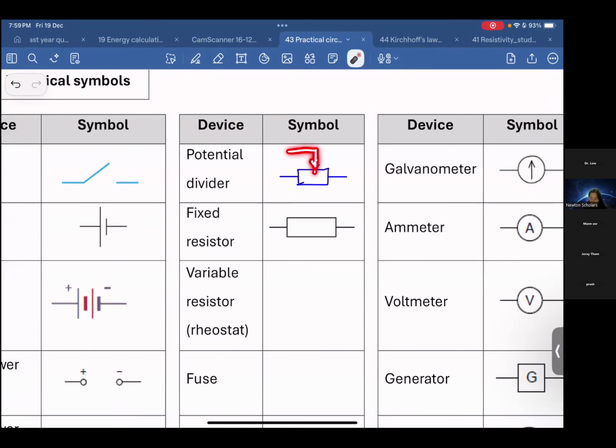It's something like cutting, making it two resistors, two parts, to divide the voltage. Fixed resistor, this is a fixed resistor. Variable resistor means that we can change the resistance value by adjusting manually. So the symbol is still the resistor symbol, we just need to add this.